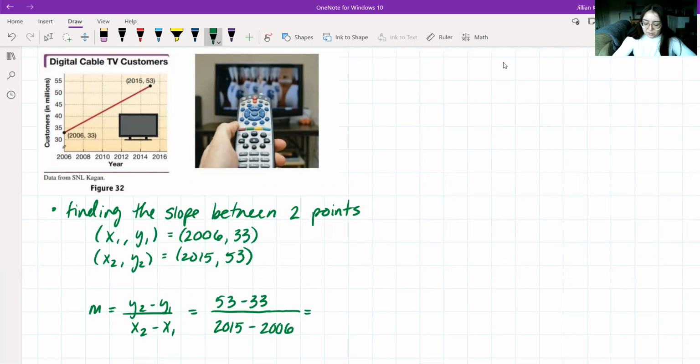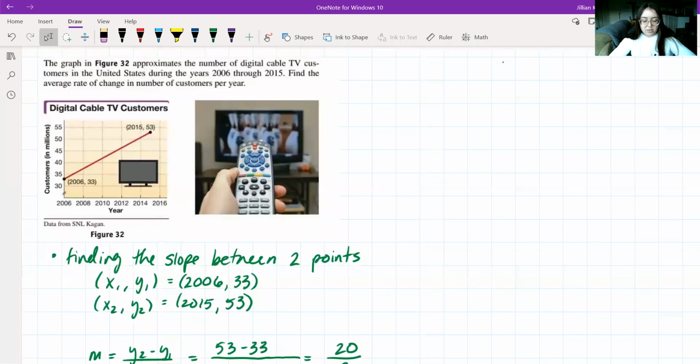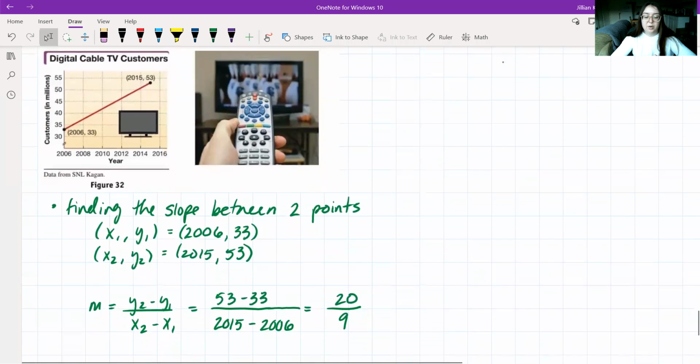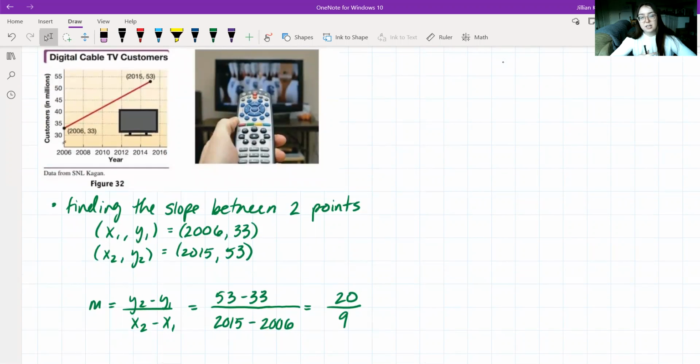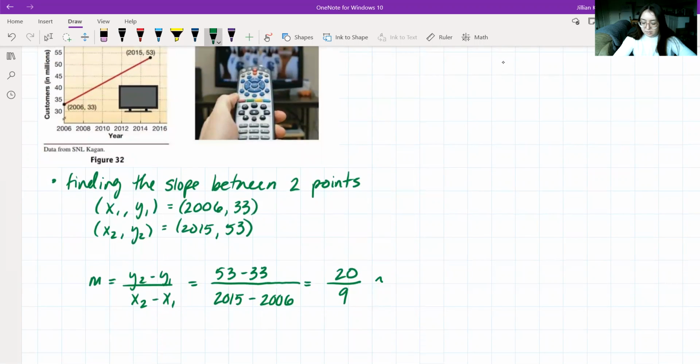So solving this, 53 minus 33 is just going to be 20. And 2015 minus 2006 is going to be 9. Now in fraction form, 20 divided by 9 is in its simplest form. But we want to find the average rate of change in numbers of customers per year. So in the context of the question, it'd be better to give a decimal. So we're going to say, if we calculate 20 divided by 9, this is going to be about 2.2.